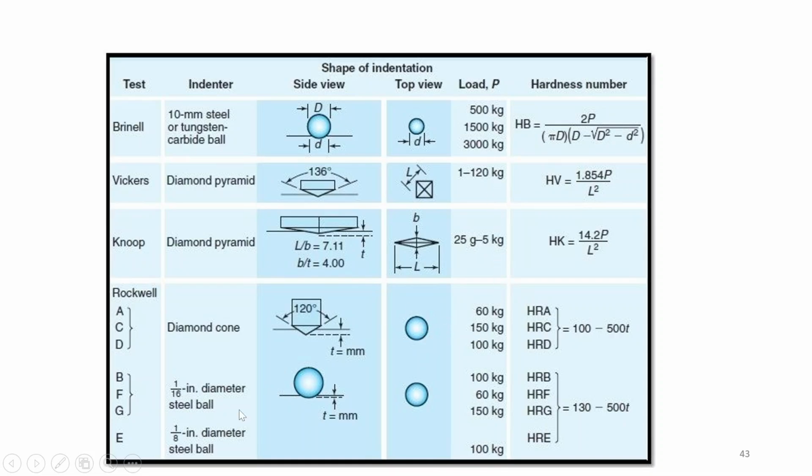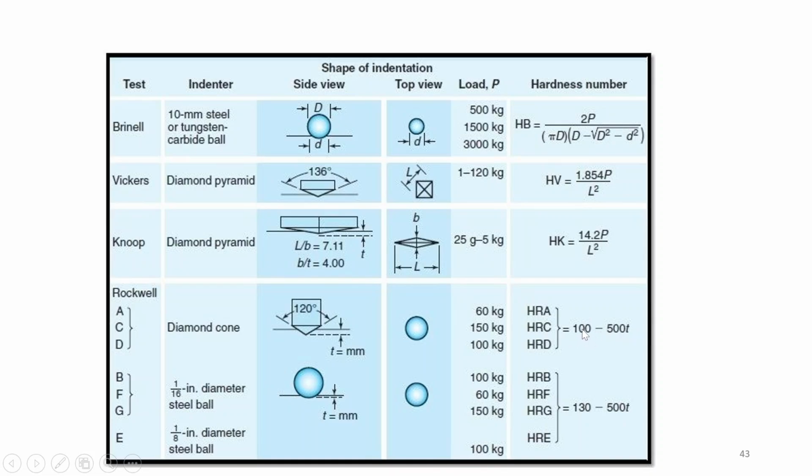The loads used for the A, C and D scales will be 60, 150 and 100 kg. For the B, F and G scales, the loads used are 100, 60 and 150 kg. In the case of the E scale, the load used is 100 kg. And these are the formulas that are used.